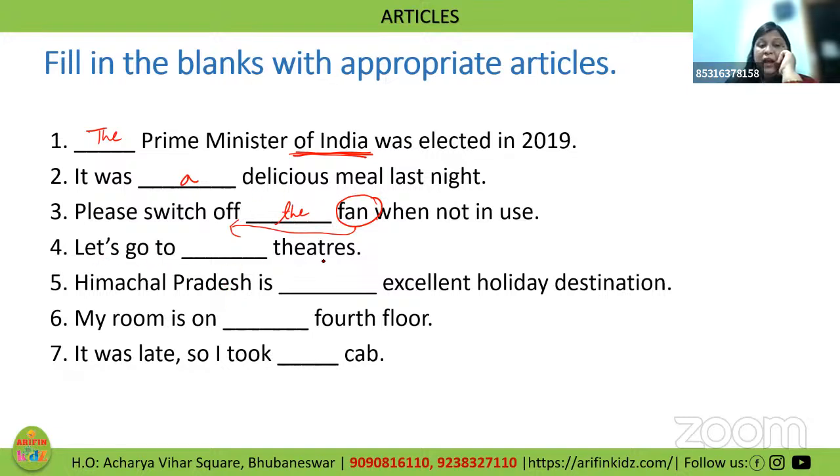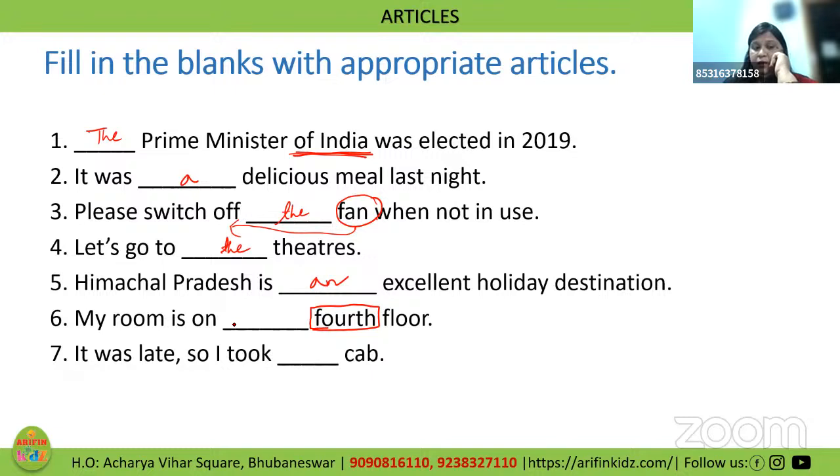Let's go to dash theaters. The, obviously. And Himachal Pradesh is the. Five. Question number 5. My room is on the, it is an ordinal number, right?